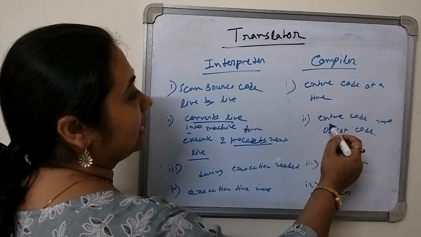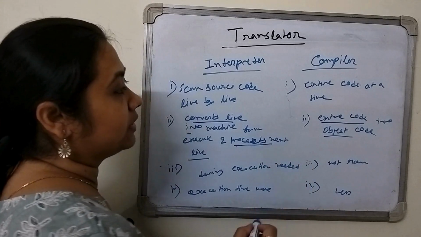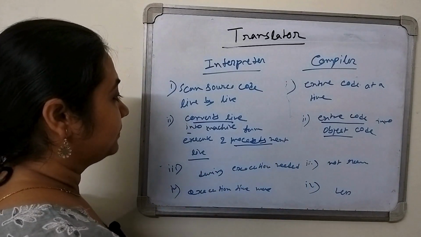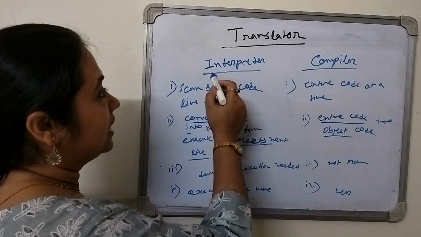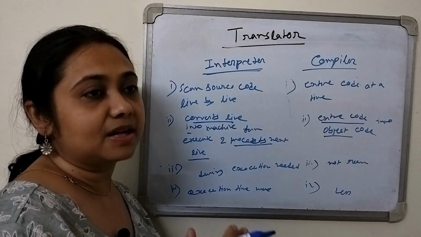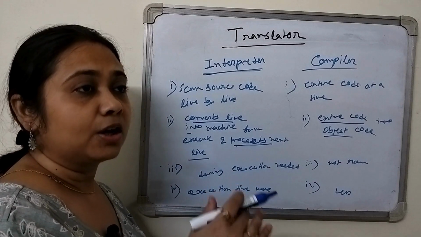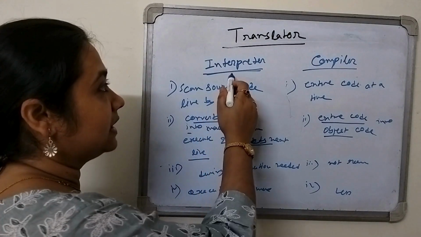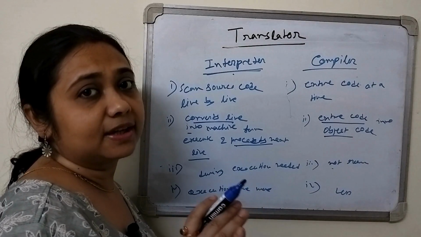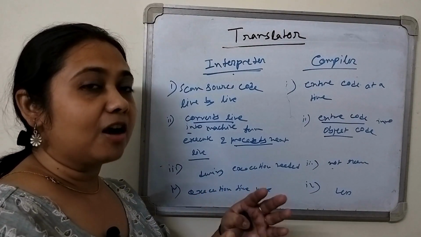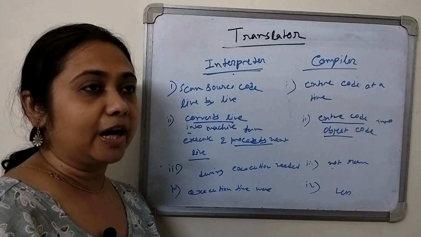But in the compiler, the entire code is converted into the object code at a time. That means the interpreter is needed during execution. As the interpreter converts line by line, it is needed at the time of execution, but the compiler is not needed at execution time, because after we write the whole program, we use the compiler at last.